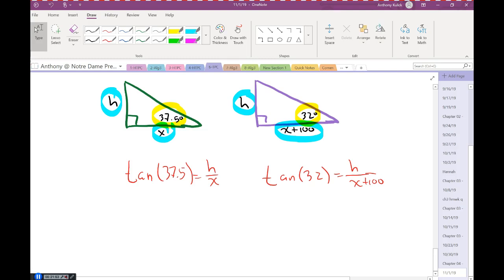Everybody so far so good? If I put these together now, I'm going to have this system of equations that I want to solve.